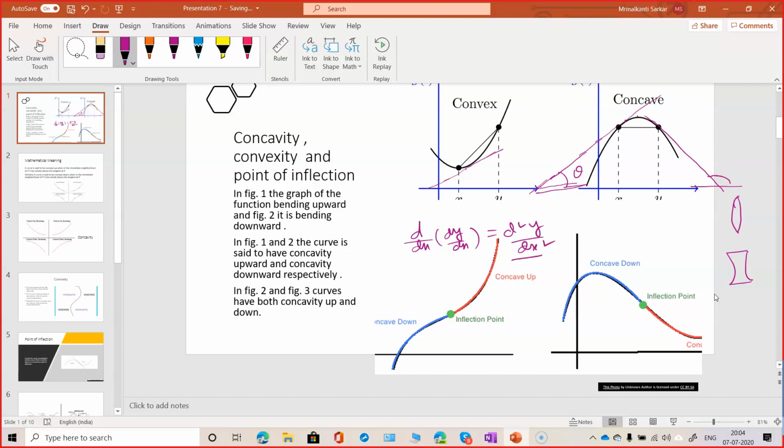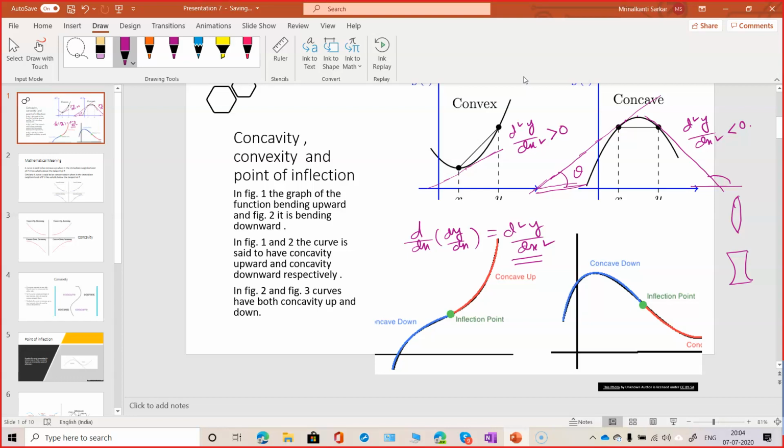So before going any further, you can say that a curve is concave upward in an interval if d square y by dx square, the rate of change of dy by dx, is positive, and it is concave downward if the rate of change of dy by dx is negative. Okay, so that is the meaning of concavity, and at the same time convexity also.